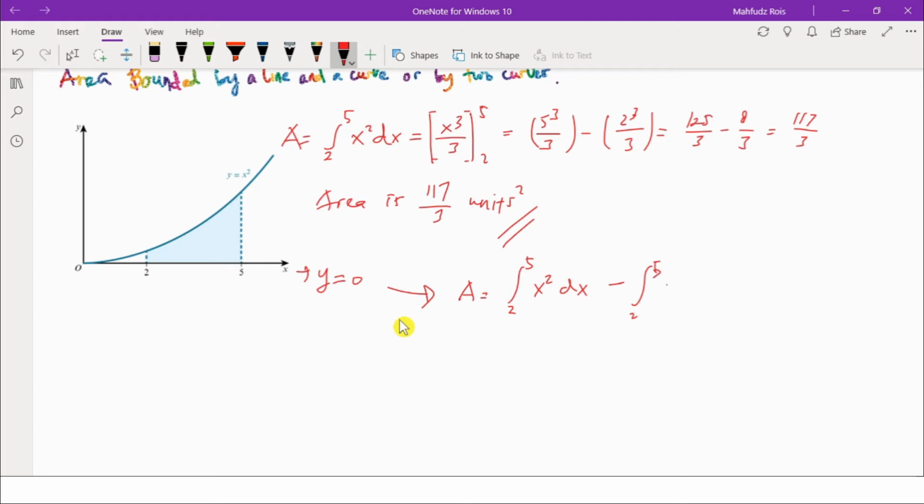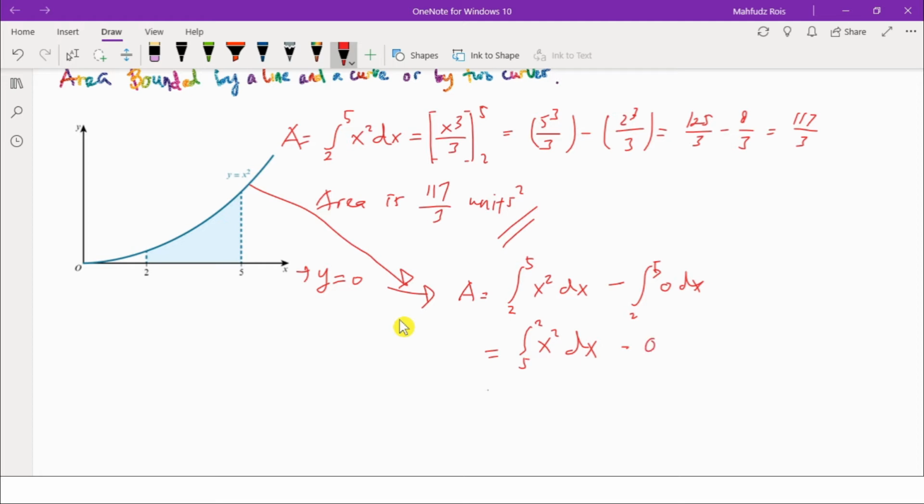Y equals 0 is 0 dx, like before, right? So this one will be x squared dx, sorry, this one here, minus, you know that if you integrate 0, it will be 0.